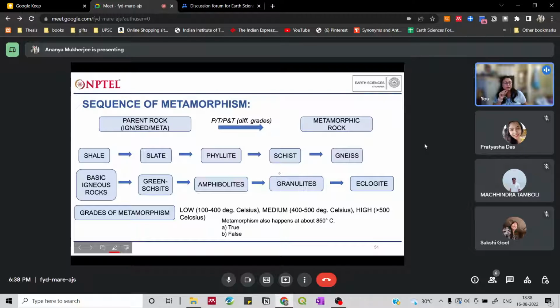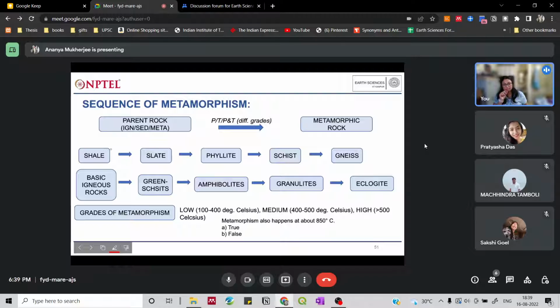Then with high pressure and high temperature, you will have granulites. Then with very high pressure and temperature at a much greater depth, a group of rocks called eclogite are formed as the counterpart of the metamorphic rocks of basic igneous rocks. These are the sequences.